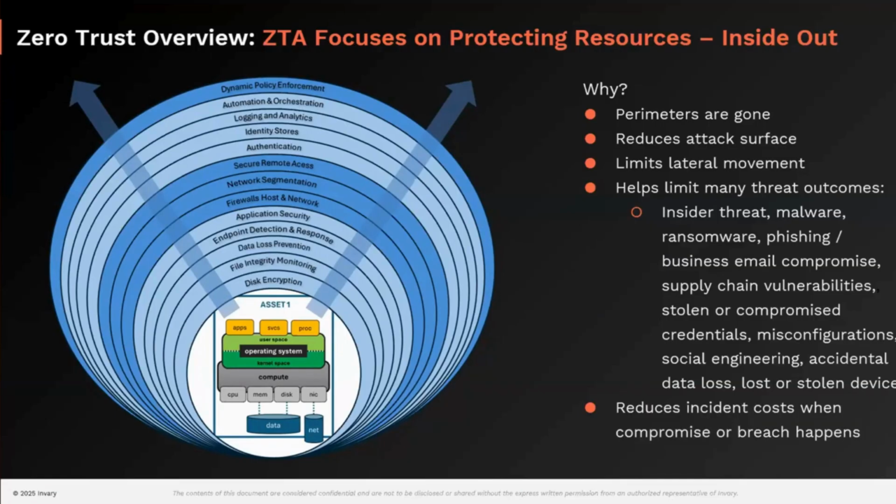And why is this the case? Because really the old perimeter is gone. Devices, users, and workloads now exist outside traditional boundaries. And also we know from lots of experience and headlines that attacks spread from the inside.